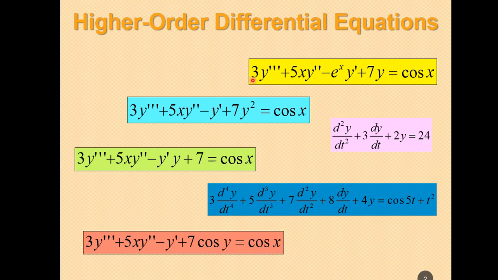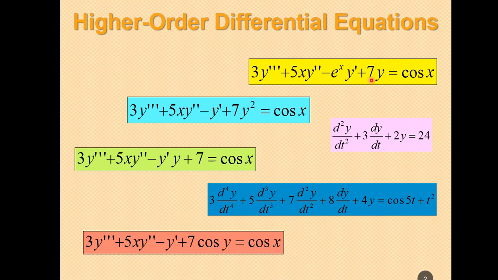So, as I've said, you're going to look into the coefficients of these derivatives and the unknown function itself. Here you have a constant 3. Here, you have 5x, which is a function of your independent variable x. Here, you have negative e raised to x, also a function of x. And here, you have another constant, which is 7.